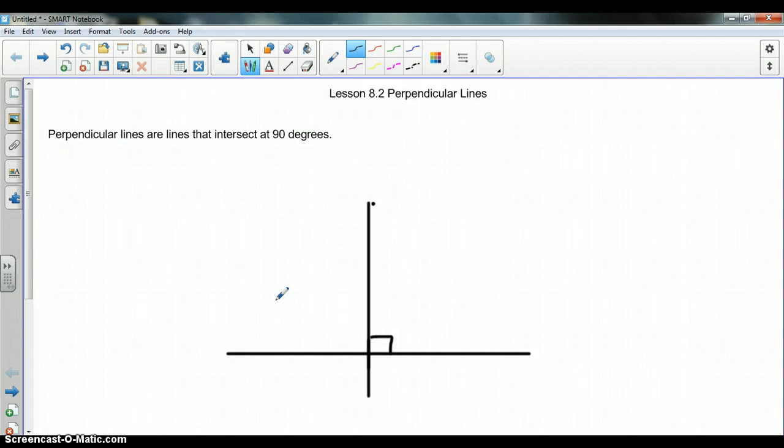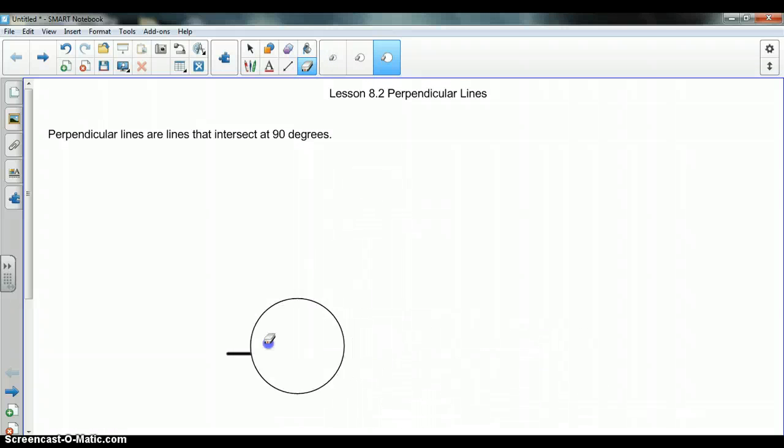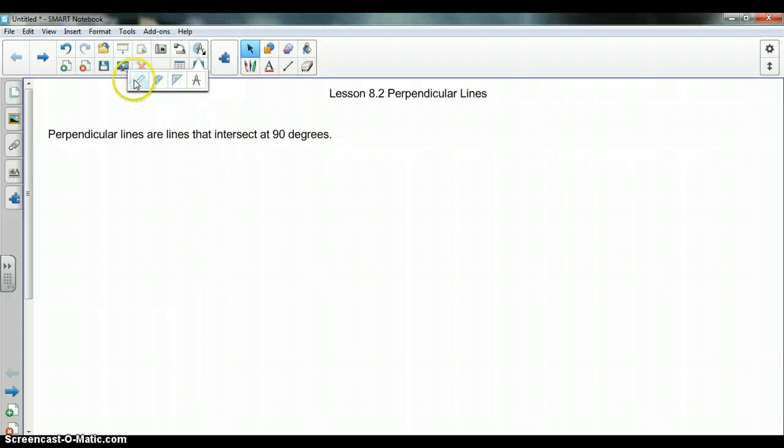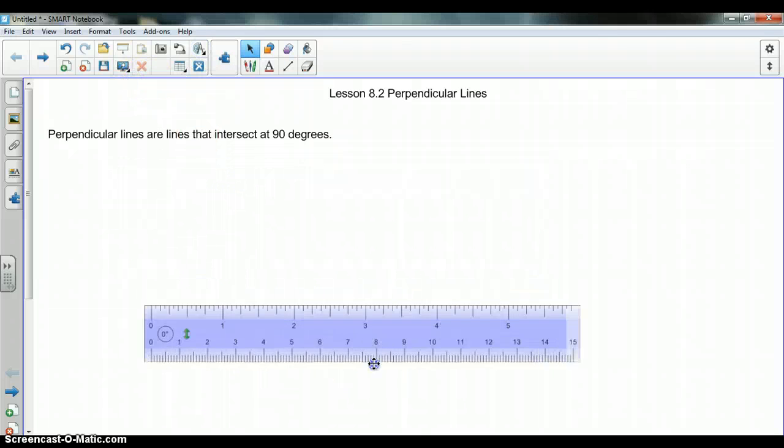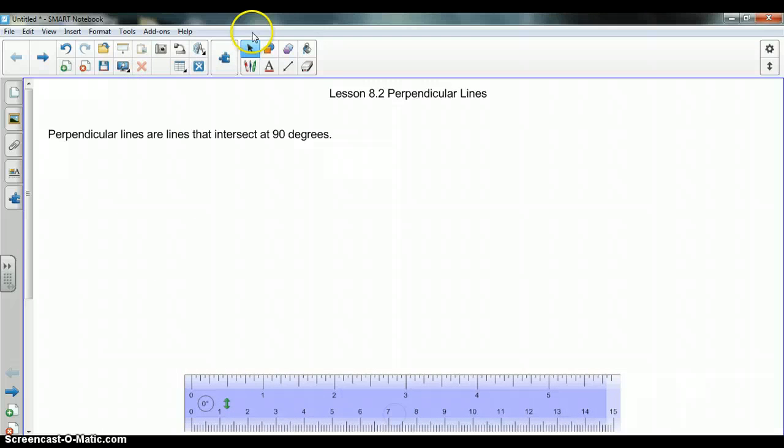Okay? Now version 2 of doing this, with a ruler and a compass. So I'm just going to erase my work here and try this another way. So let's go. We are going to need a ruler. We're going to do the same thing. We're going to take Mr. Ruler, bring him down. Let's do our nice little line again.